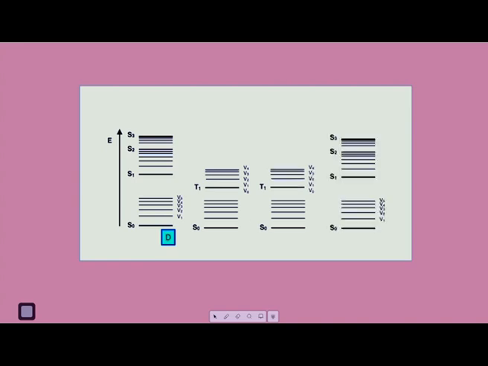And we have the electronic states of the acceptor molecule or the reactant. Now, when you irradiate light, the donor gets excited and goes to a higher energy state, and from there it comes down to a lower energy state via vibrational relaxation or internal conversion. All those radiative and non-radiative transitions are possible.